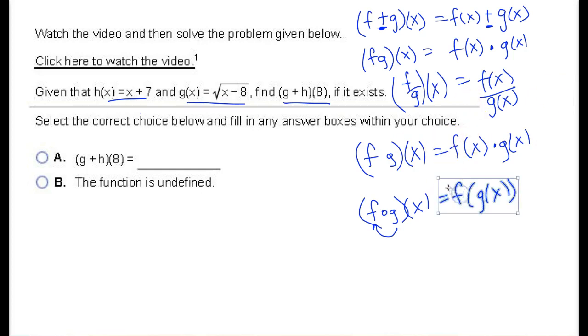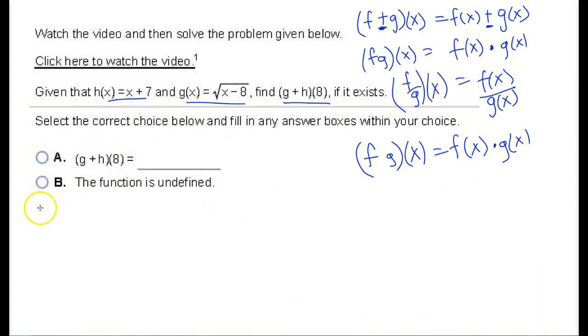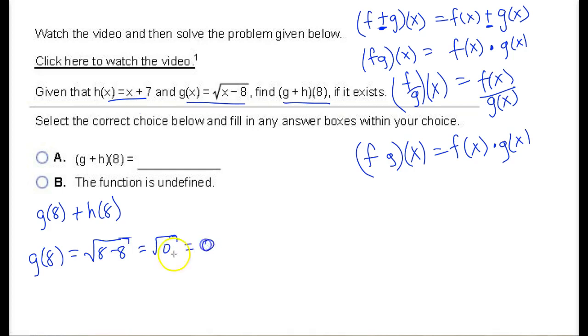So now that we know that, for this situation, we know that g plus h of 8 is just going to be g of 8 plus h of 8. And all we need to do is figure out what g of 8 and h of 8 are. So if we come here, g of 8, we just plug in 8 everywhere where we see x. And we see that this ends up being 0 when we work it.